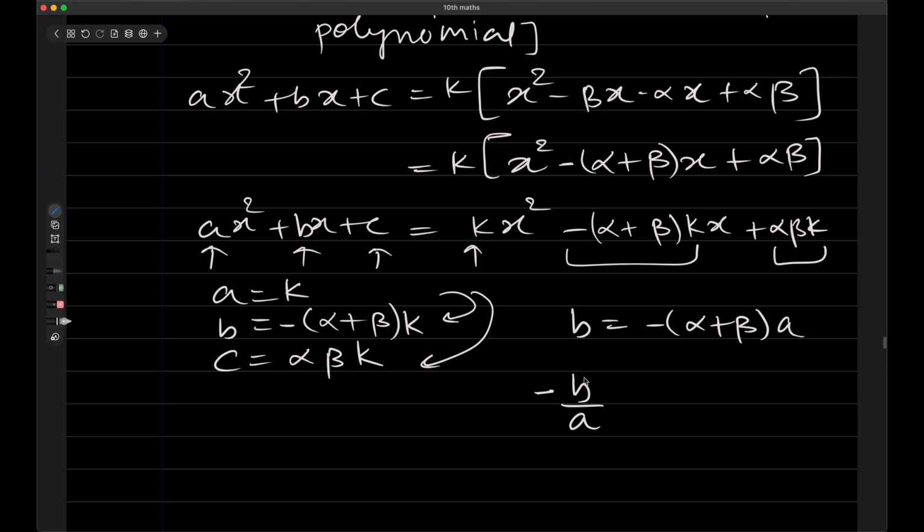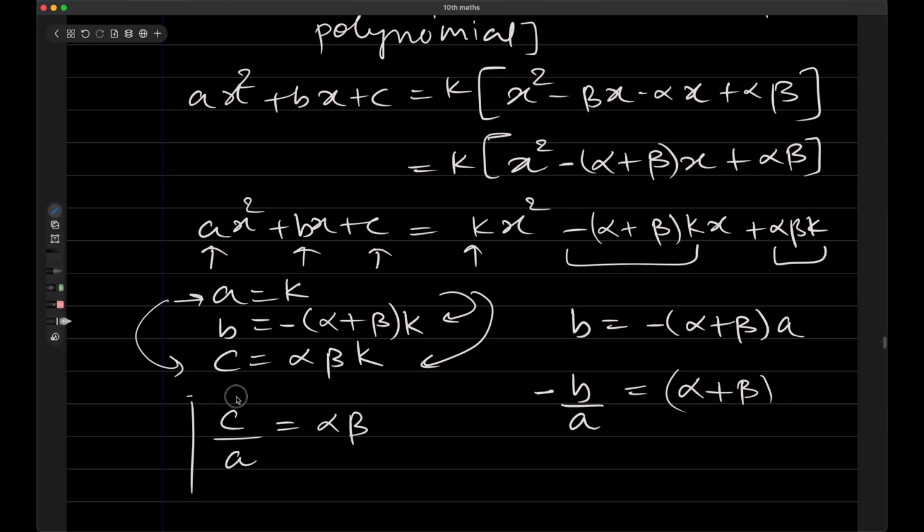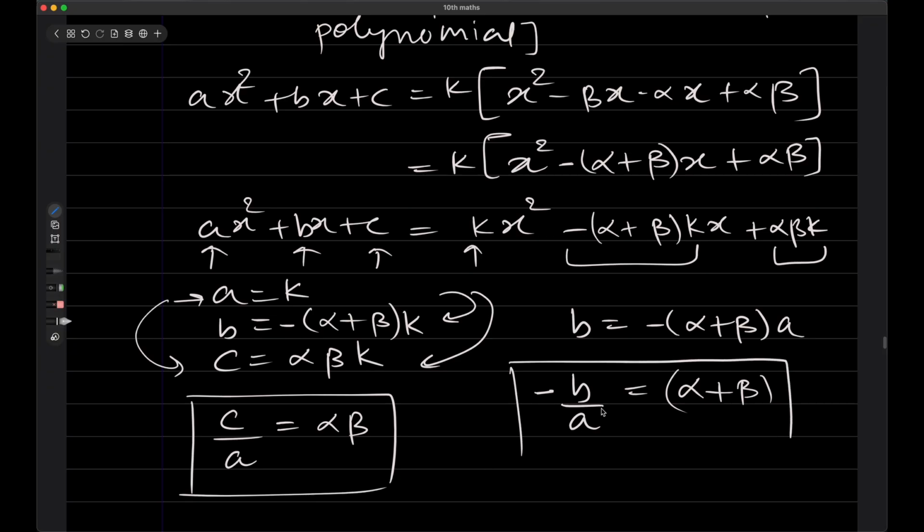If I take the minus sign here, I will get the relationship between coefficients and zeros of the polynomial. From this I can get c divided by k, with k equals a, equals alpha beta, that is the product of zeros of the polynomial, and here it is the sum of zeros of the polynomial.